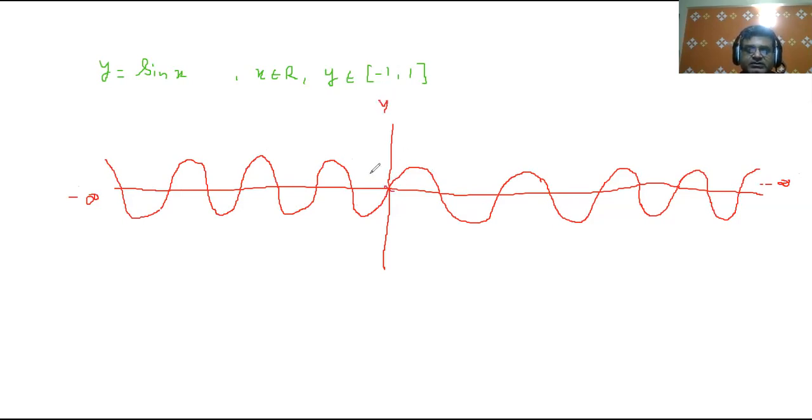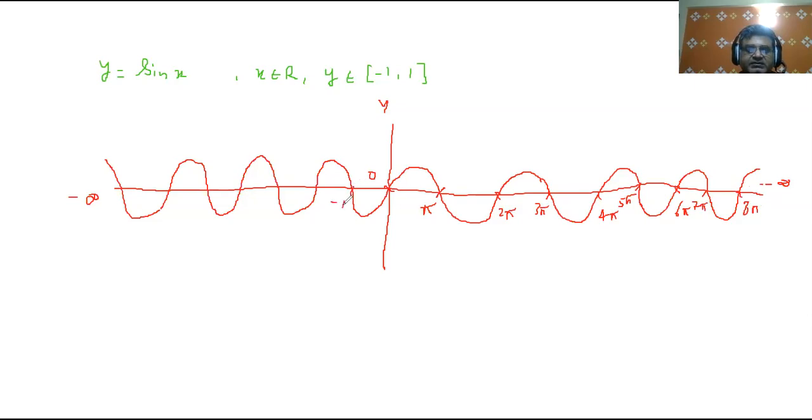Now this is the origin, and this is pi. This is 2 pi. This is 3 pi. This is 4 pi. This is 5 pi. Similarly, it is 6 pi, 7 pi, 8 pi.